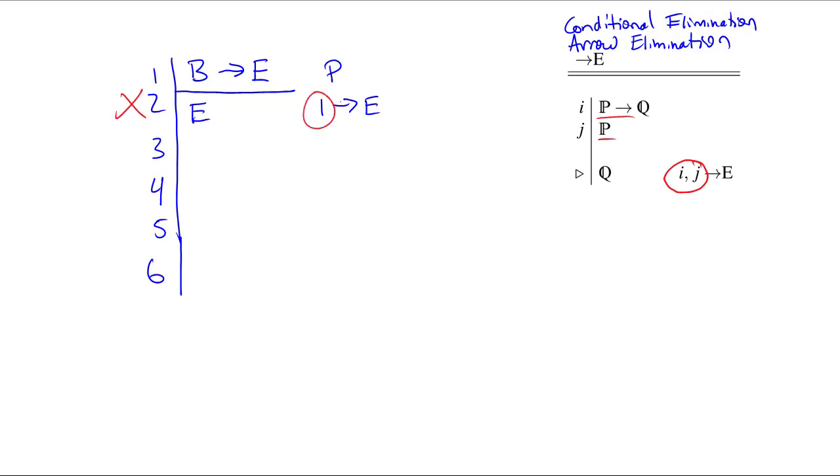Here, you've only cited 1 line. So either you've forgotten to cite something that's genuinely there, or as in this case, there's nothing else to cite. If you find yourself citing just a single line for an arrow elimination, then you should think something is wrong. So you can never get the consequent without also having the antecedent. And therefore you would have to cite some other line there.